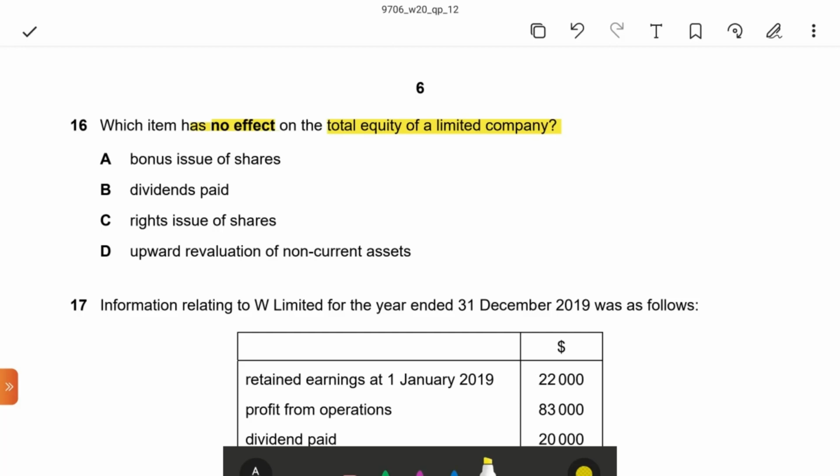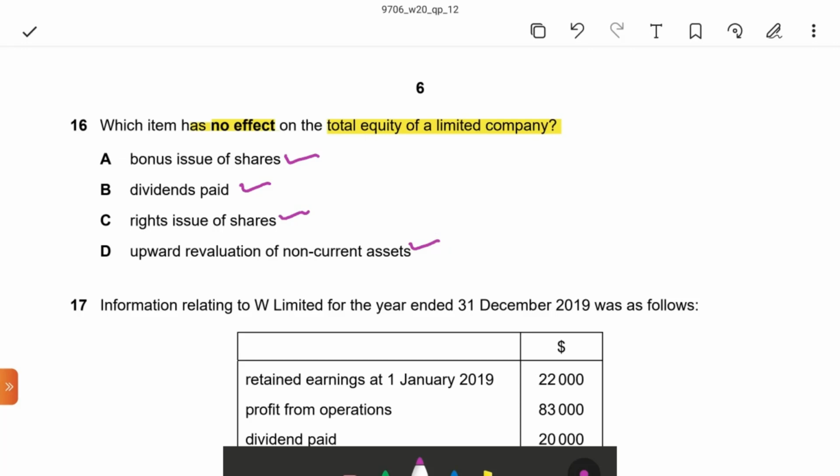Equity of a limited company means total shareholders' fund: share capital plus reserves, premium, retained earnings, etc. So which is not affecting the equity of a limited company? The options given are: bonus issue of share, dividend paid, right issue of share, upward revaluation of non-current asset.